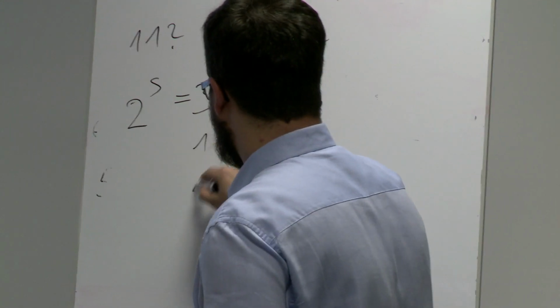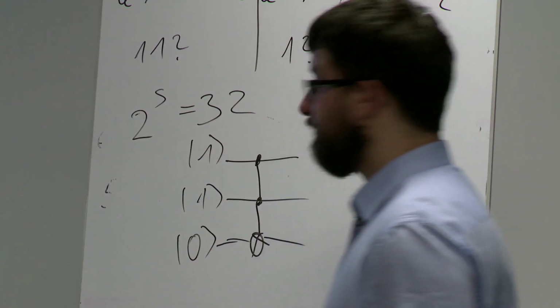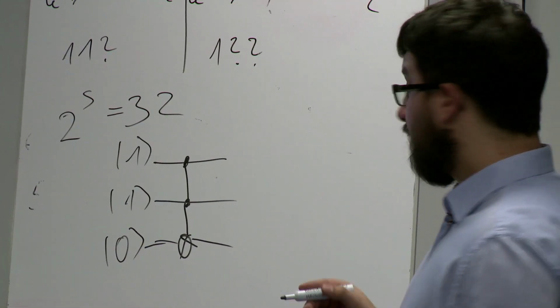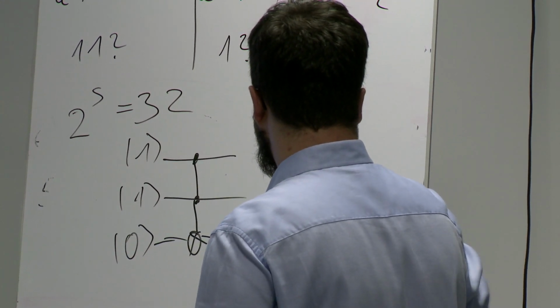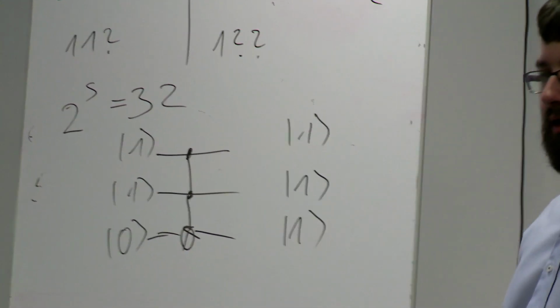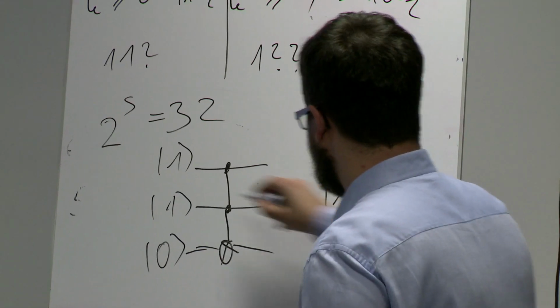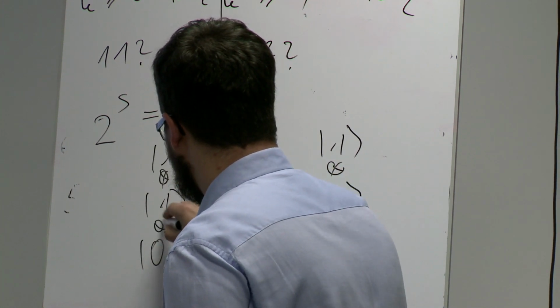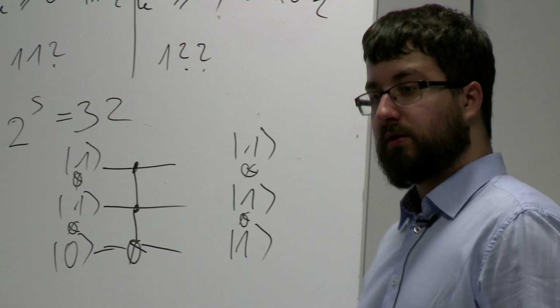And we start with, let's say, state 1, 1, 0. Then the Toffoli gate should output 1, 1, 1, obviously the tensor product between them. And this is how the Toffoli gate should work.